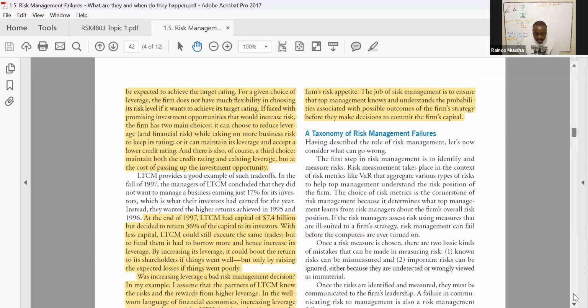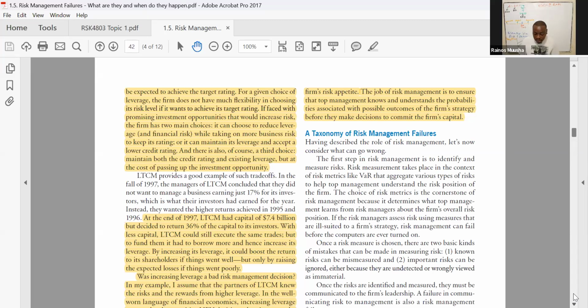So if faced with promising investment opportunities that would increase risk, the firm has two main choices. It can choose to reduce leverage, that is the financial risk, while taking on more business risk, to keep its rating, or it can maintain its leverage and accept a lower credit rating.